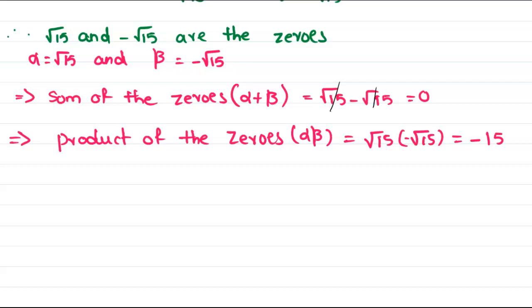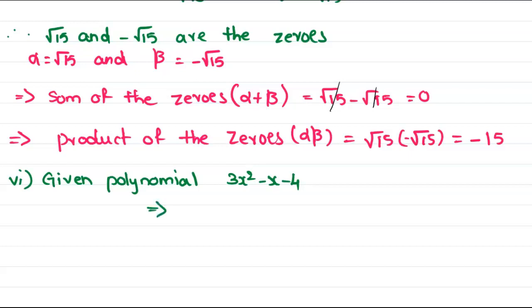Now let's come to the final one. So that is the sixth one. In the sixth one, the given polynomial is 3x square minus x minus 4 here. So that is equal to 3x square, and here minus x we have to write as plus 3x minus 4x minus 4.